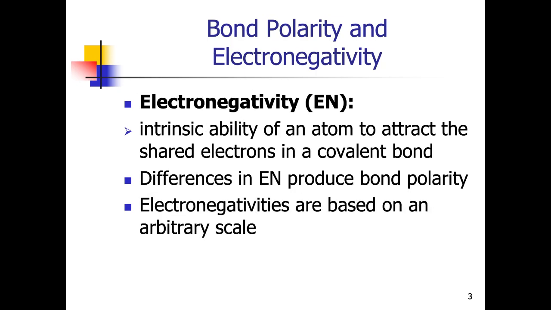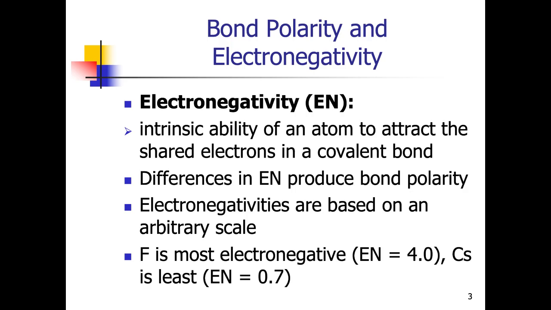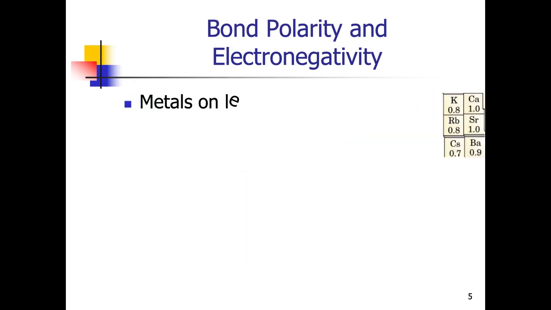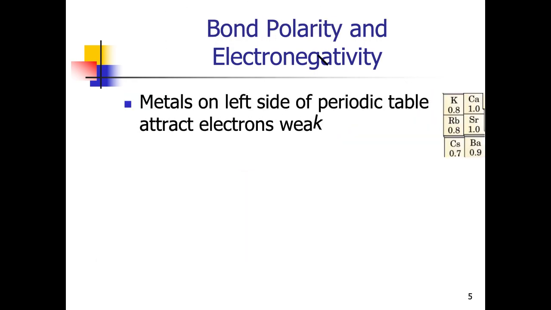Electronegativities are based on an arbitrary scale. Fluorine is the most electronegative, EN equals 4.0; cesium is the least, EN equals 0.7. Metals on the left side of the periodic table attract electrons weakly, so they have lower electronegativities.